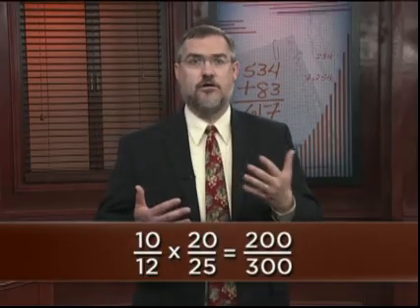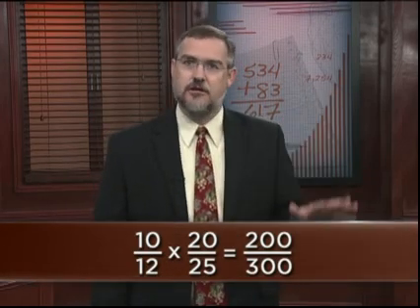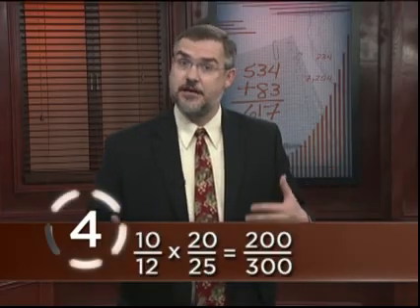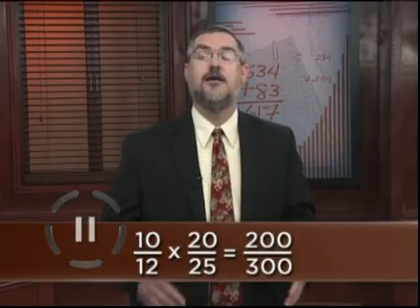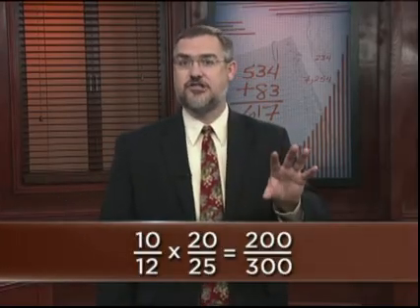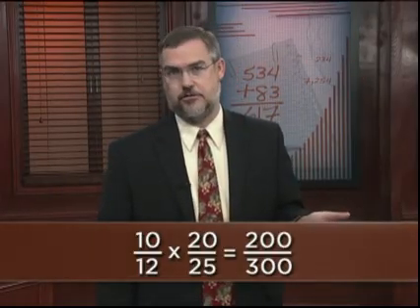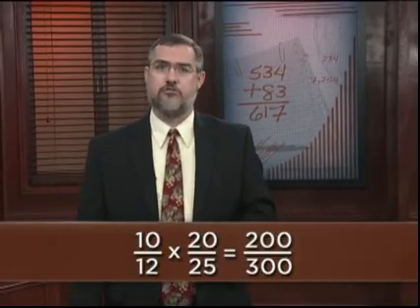Now, you might want to do those multiplication problems, especially that second one, using the multiplication method that we talked about in a previous lesson. That would be a nice way to practice that technique if you'd like to go ahead and do that. But for now, let me just tell you that the numerators multiplied together give me 200, and when I multiply those denominators together, I get 300. So my answer is 200 over 300.